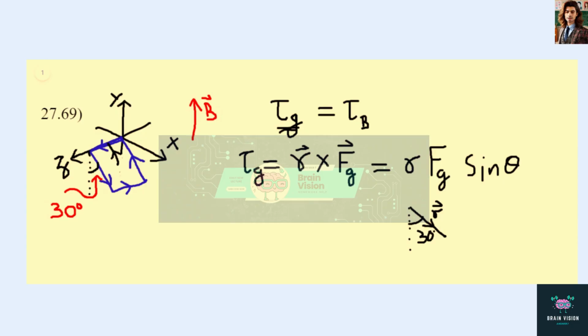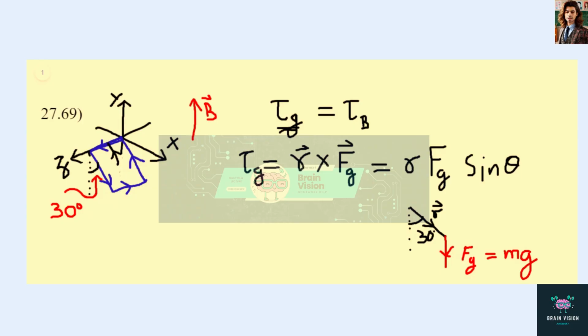And the force of gravity always acts downwards. This is F sub g, and that's just mass times the acceleration due to gravity. That's just mg.